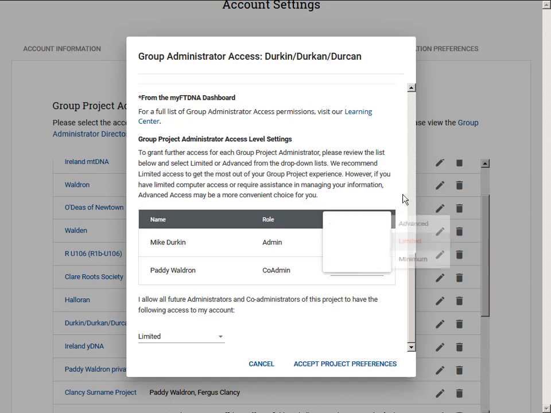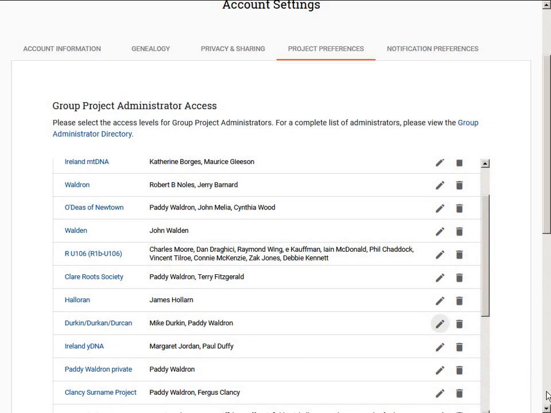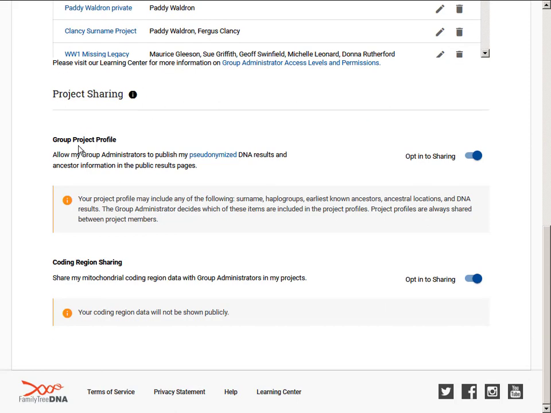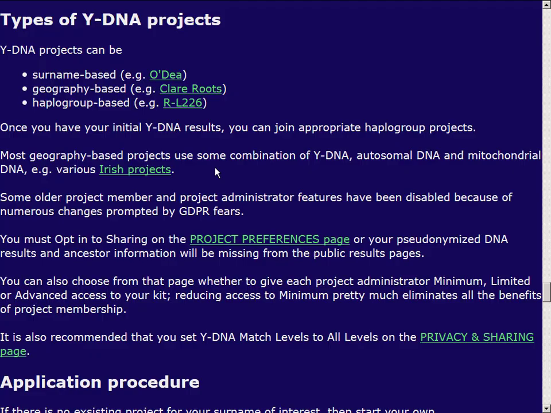Make it at least limited. I think new kits are now starting off as limited, but some people during the GDPR handover got screwed up. And down here, if you want to appear on those public results pages, you have to opt into sharing here just by sliding that back or forward. And you're pseudonymized. All that shows is your surname and your kit number. Your first name isn't shown on the results page.